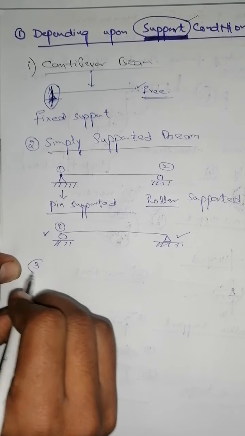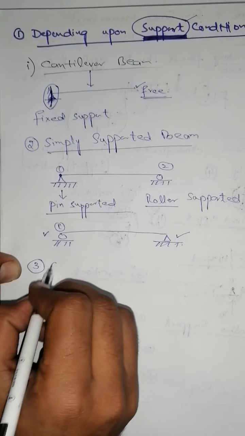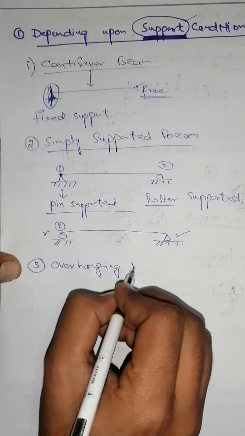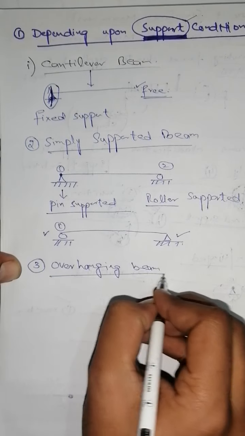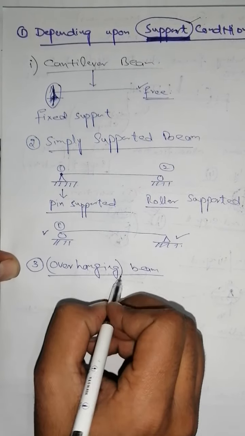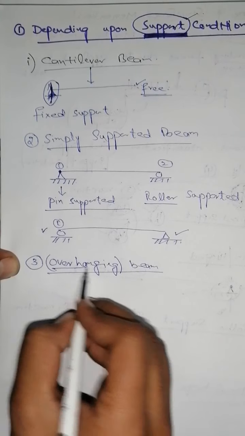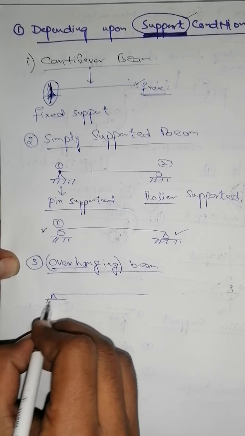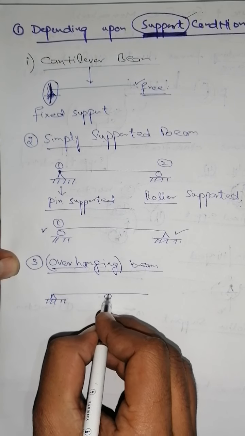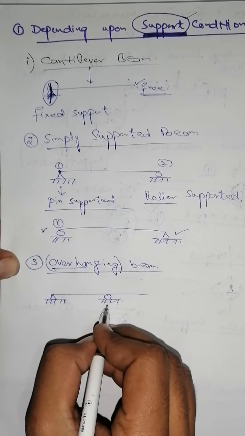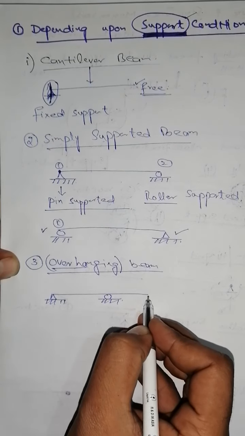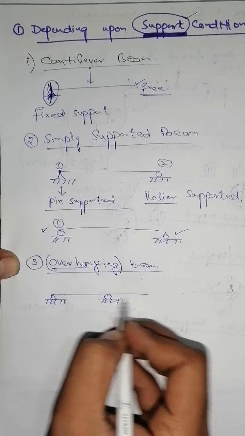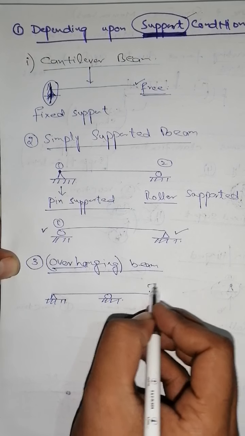So the third type of beam according to support condition is the overhanging beam. What is overhanging? Its name shows the overhang. Suppose we have a simply supported beam, but the roller support is not present at the far end, it is somewhat near to the pin support, and there is a free end.